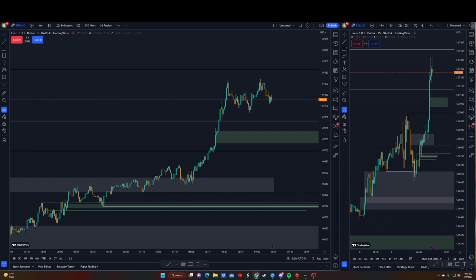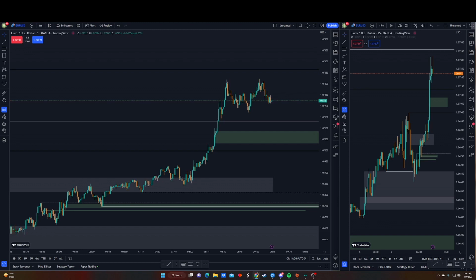But again, not considering an entry. Might consider below 107.1 for that 5-minute fair value gap, depending what time it is when we trade down there. After 10 a.m., the odds go down, so I don't want to get trapped.